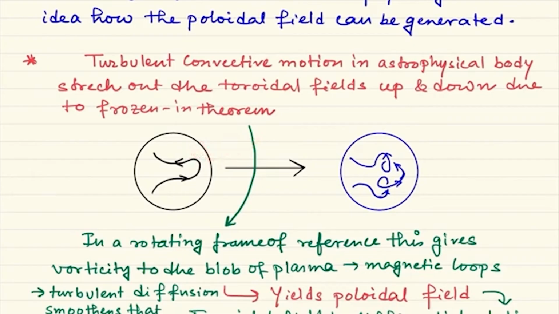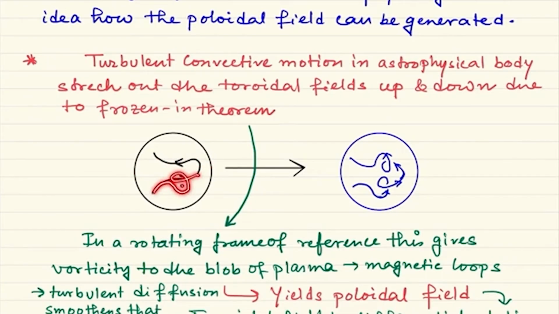And when the frozen-in field theorem is valid, the plasma would drag the magnetic lines of force. It is seen that in one hemisphere it can make the lines of force go up a bit, like this, and in the other hemisphere it is like this, down.